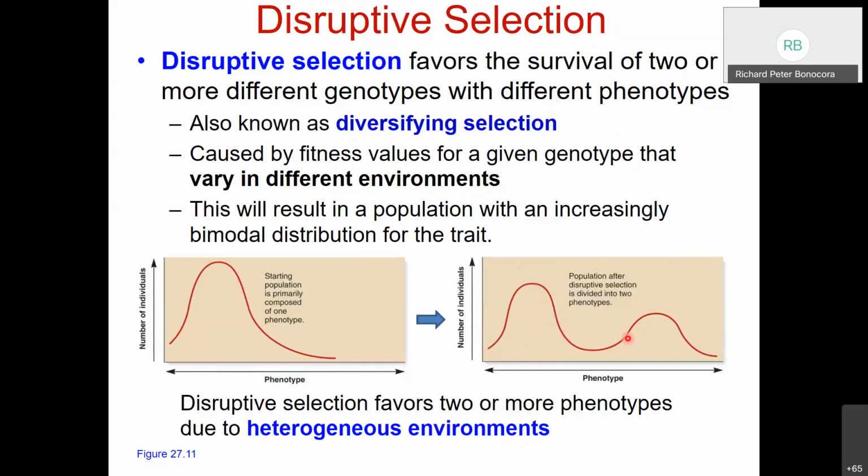The new environment will have individuals, very few on this graph, who will now start to have an advantage and will reproduce more effectively in this new environment, and we'll start to see more of those individuals occurring.